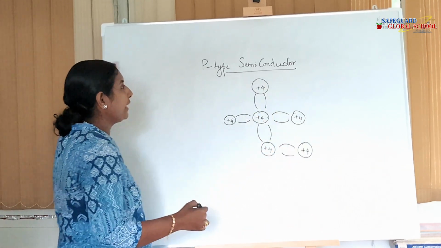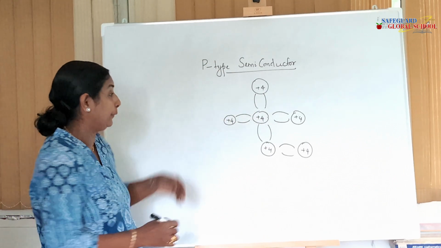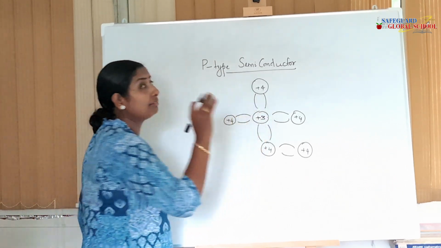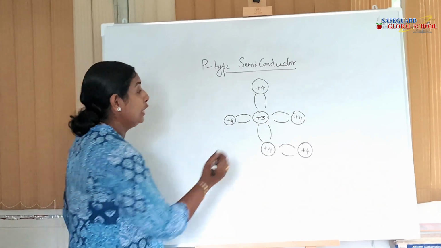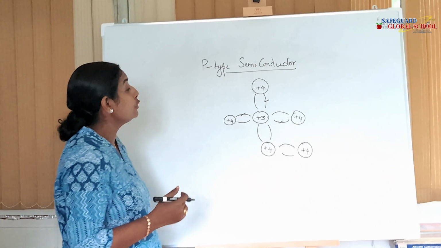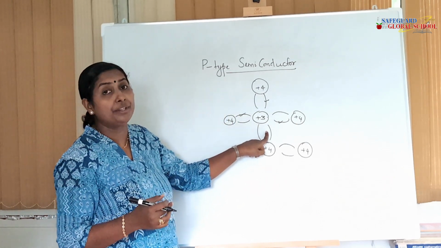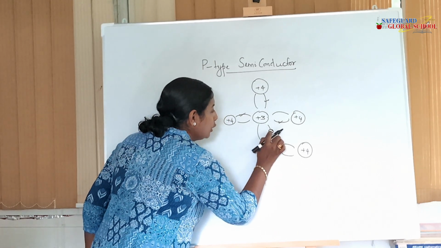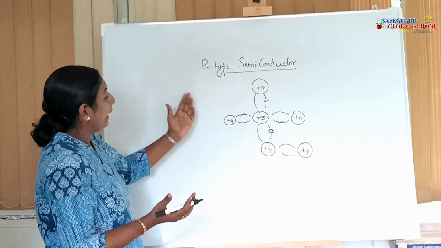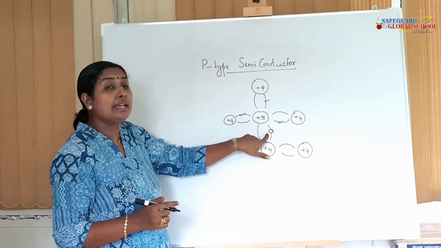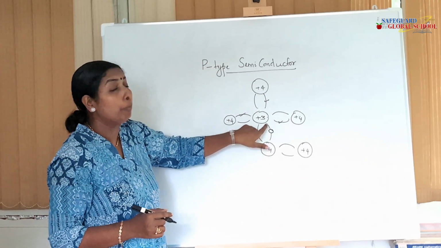To that, we are doping a trivalent impurity. When it comes here, it has only 3 electrons in its outermost shell. So these 3 electrons get bonded here, here and here. And there is no electron to get bonded here. So here a vacancy is created. So by adding a trivalent impurity, a vacancy is created in the bonds.